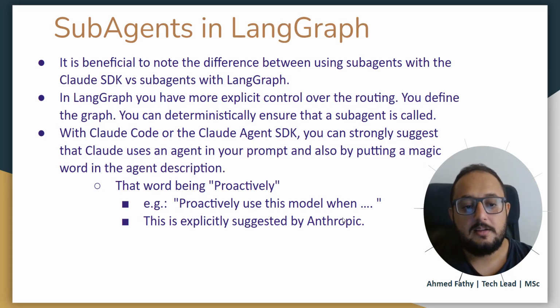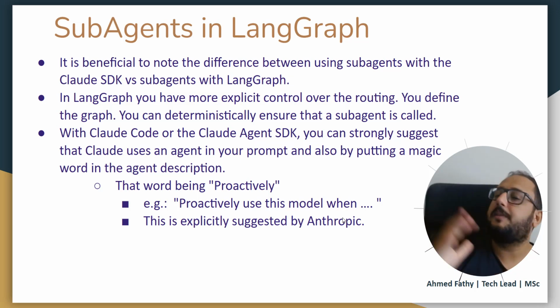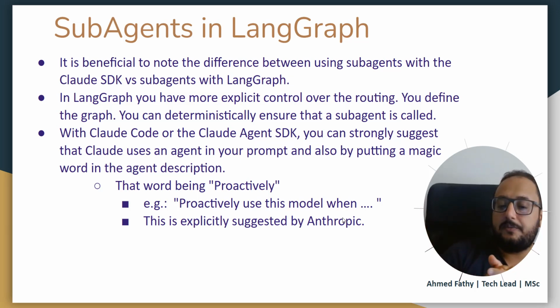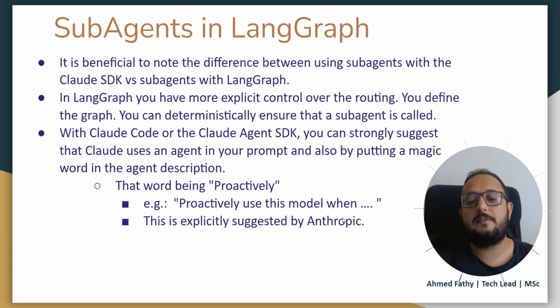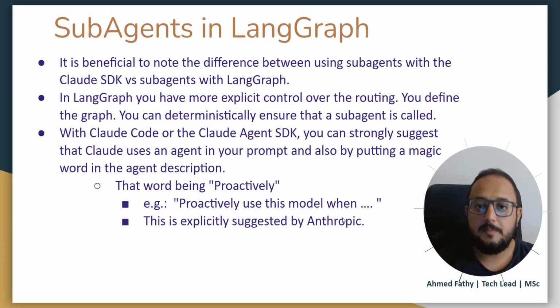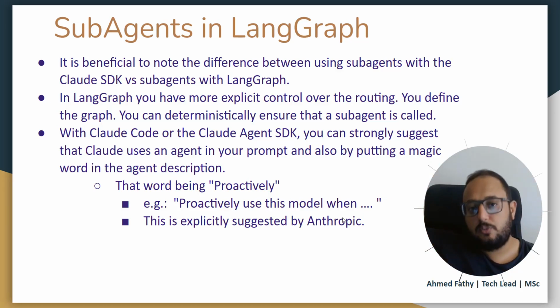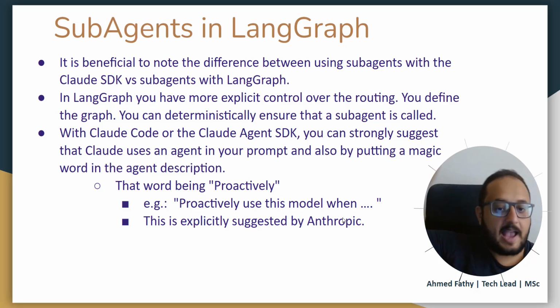Okay. So it is beneficial to know the difference between using sub-agents with the Claude SDK versus sub-agents with something like LangGraph. In LangGraph, you create the workflow, so you have more explicit control over the routing. You define the graph, and you can deterministically ensure that a sub-agent is called, because you actually define that if I am in this node and this happens, please go to that node, and that node actually has a sub-agent.